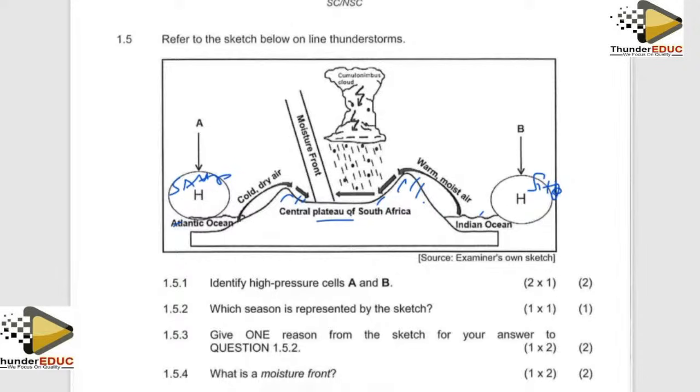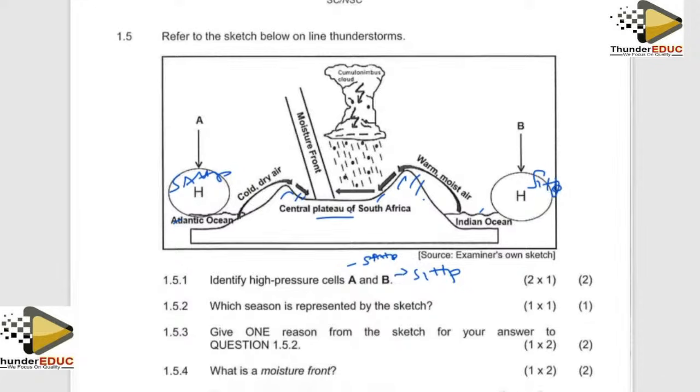You first interpret the diagram, and when you interpret the diagram, eventually you will be answering all the questions nicely. So the first question is: identify the high pressures A and B. A is SAHP, the South Atlantic High Pressure, and B is SIHP, the South Indian High Pressure.